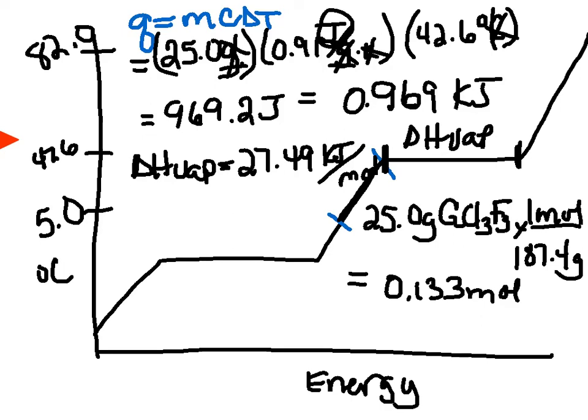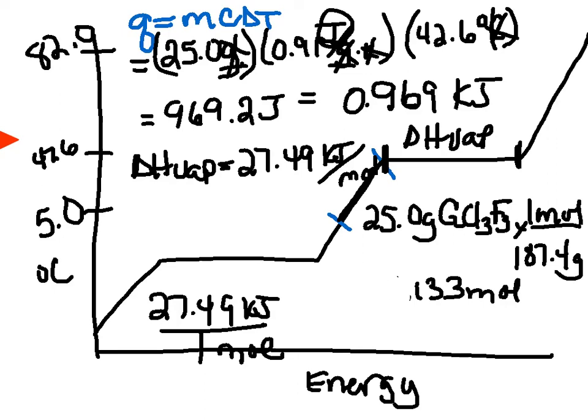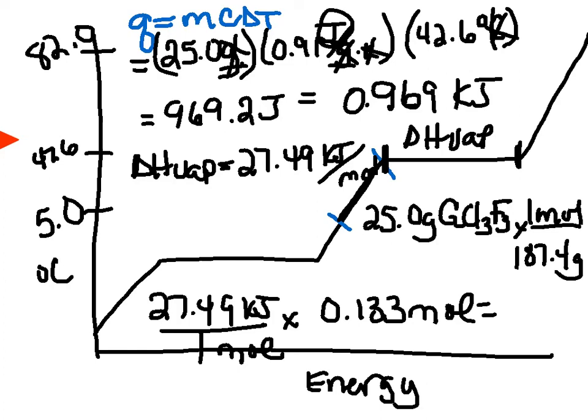Now, if our delta H vaporization is 27.49 kilojoules per 1 mole, and we have 0.133 moles, then that means the energy that's going into converting that 0.133 moles will be 3.66 kilojoules.